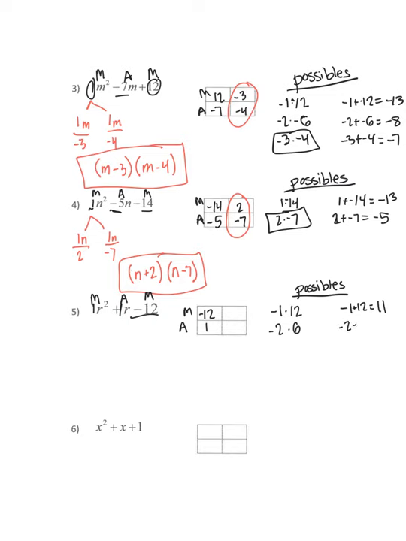Negative 2 plus 6 gives me 4. Then I've got negative 3 times 4, and negative 3 plus 4 gives me 1. So that's the combination I'm looking for. I've got a negative 3 and 4.